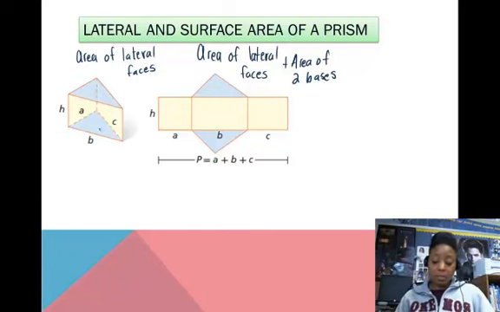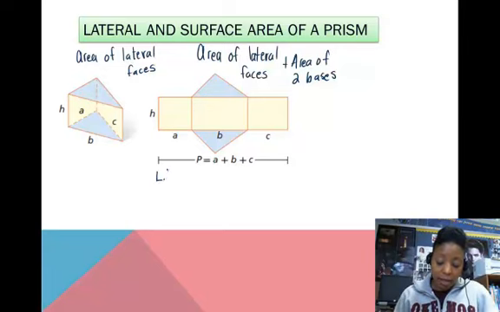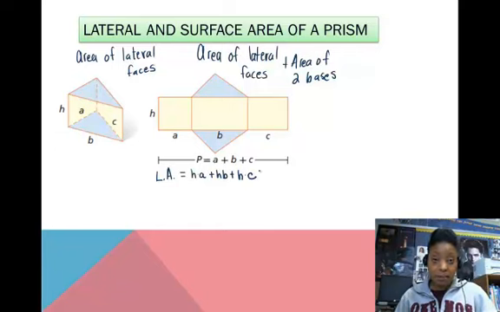So if we look at this particular figure, here is the net for that figure. And if we wanted to find the area for the three lateral faces, I will abbreviate with LA for lateral area. It would be equal to H times A plus H times B plus H times C. Or if we factor out the H, we get H times (A plus B plus C).